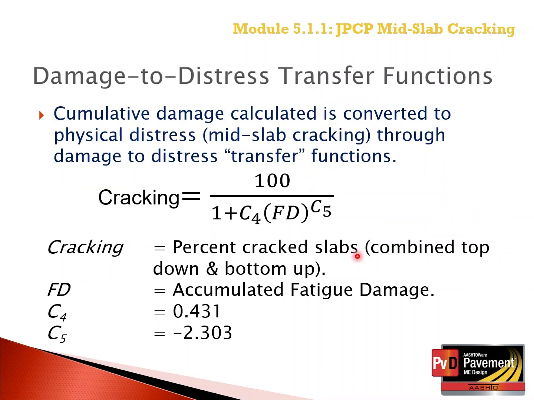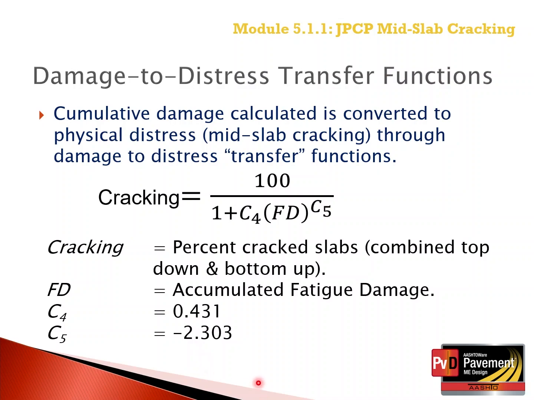The regression equation displayed in this slide is the JPCP fatigue cracking transfer function defined through calibration. In other words, converting the fatigue damage to a measured cracking value or percent cracked slabs. The C4 coefficient has a value of 0.431, and the C5 calibration exponent has a value of negative 2.303.